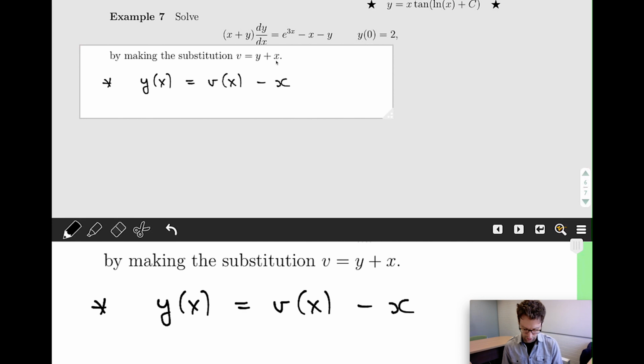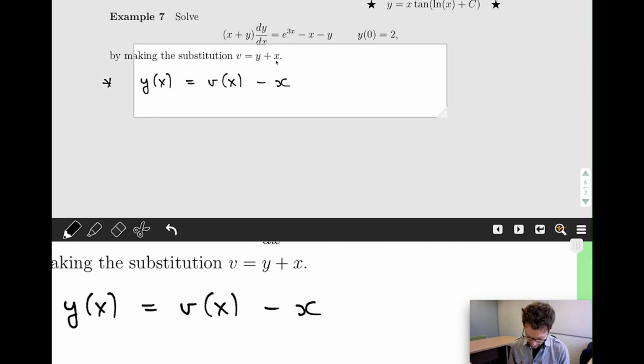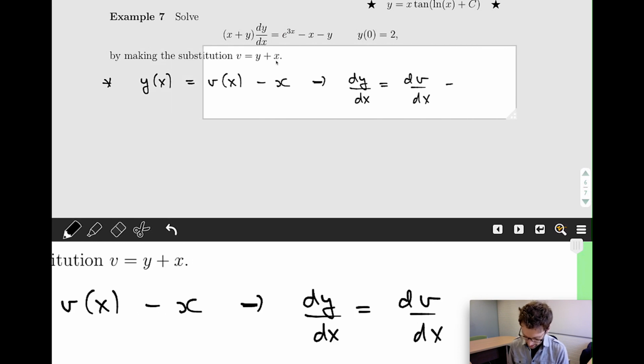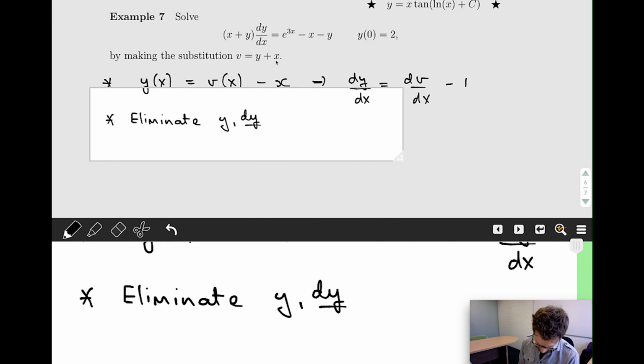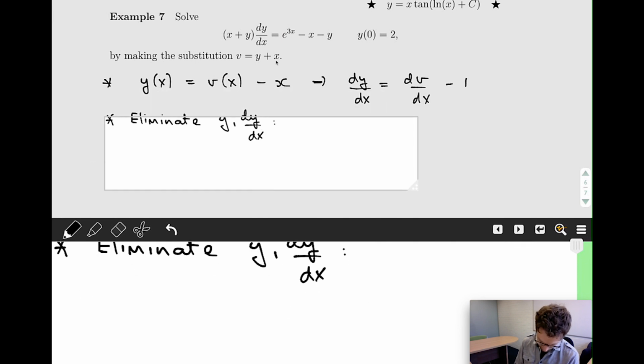So just take the x over to the left-hand side, get an equation for y, and then I can use that to find out what dy/dx is. dy/dx is dv/dx minus the derivative of x with respect to x, which is 1.